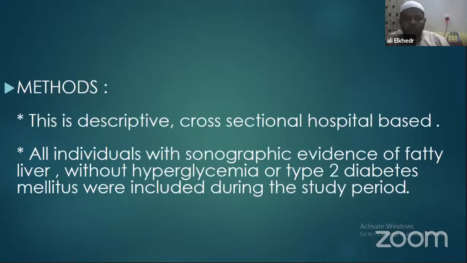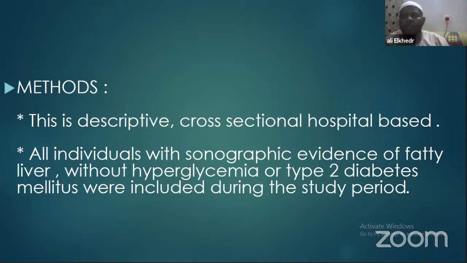The method was a cross-sectional hospital-based study. All individuals with sonographic evidence of fatty liver, but not already diagnosed with diabetes mellitus or hyperglycemia, were tested for glucose intolerance and for hemoglobin A1C. So they brought patients with sonographic evidence.